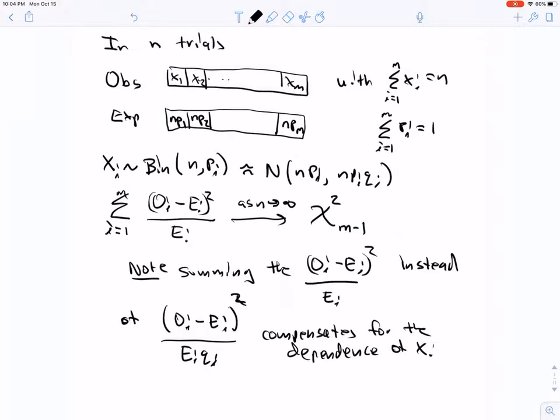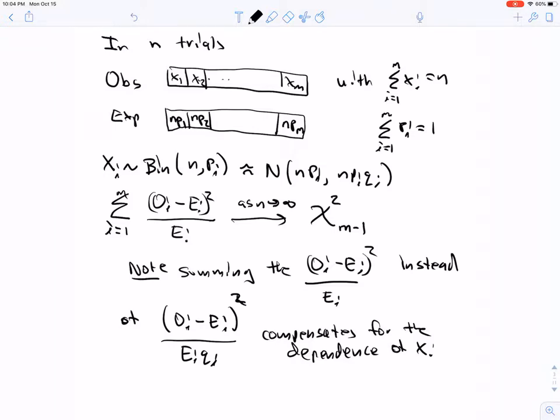So in n trials, we get observed and expected cells, just like before, where now x1 to xm are given by a multinomial distribution.